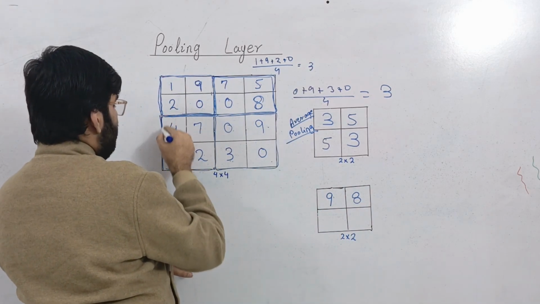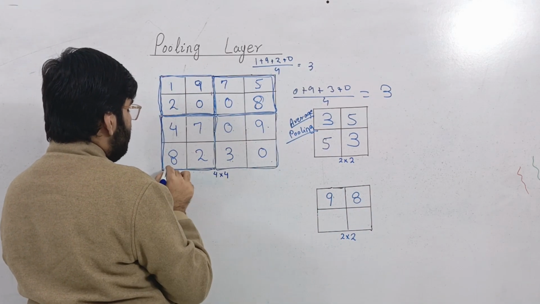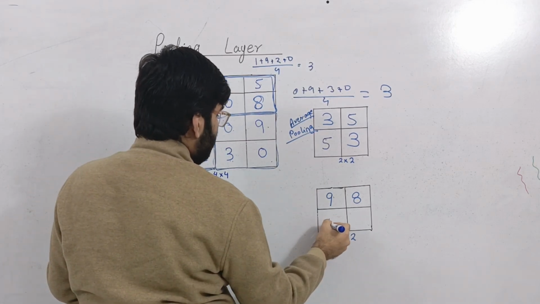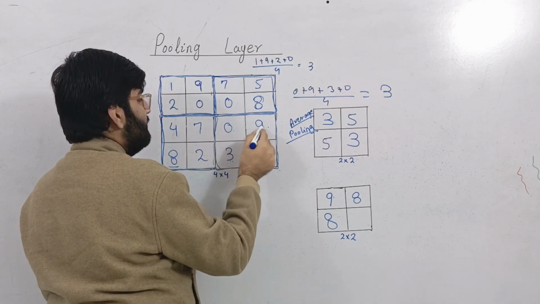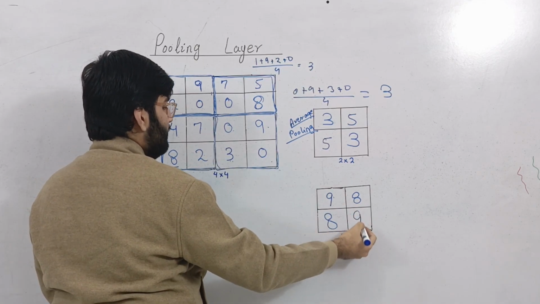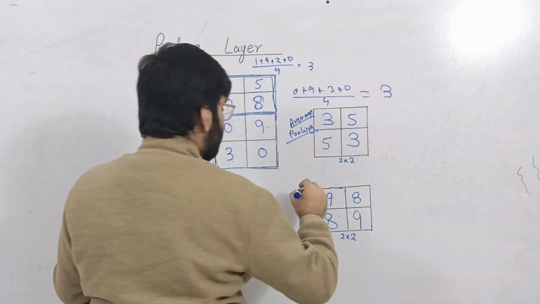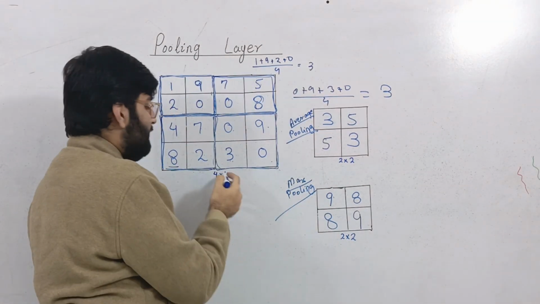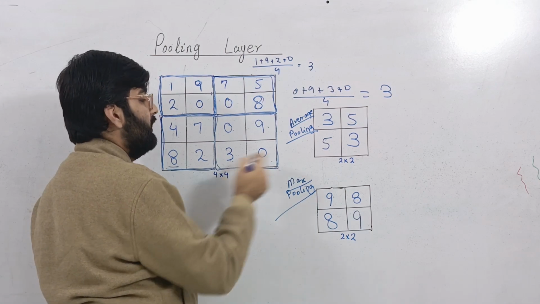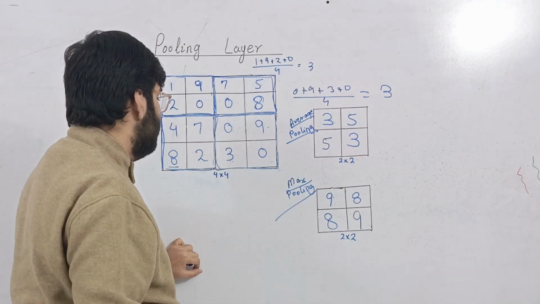When the kernel is here, the max is this 8. So the 8 is placed here. And finally, when the kernel is here, the max is this 9 and the 9 is placed here. This type of pooling is called max pooling. We can see the dimensions shrink from 4 by 4 to 2 by 2 in each case.